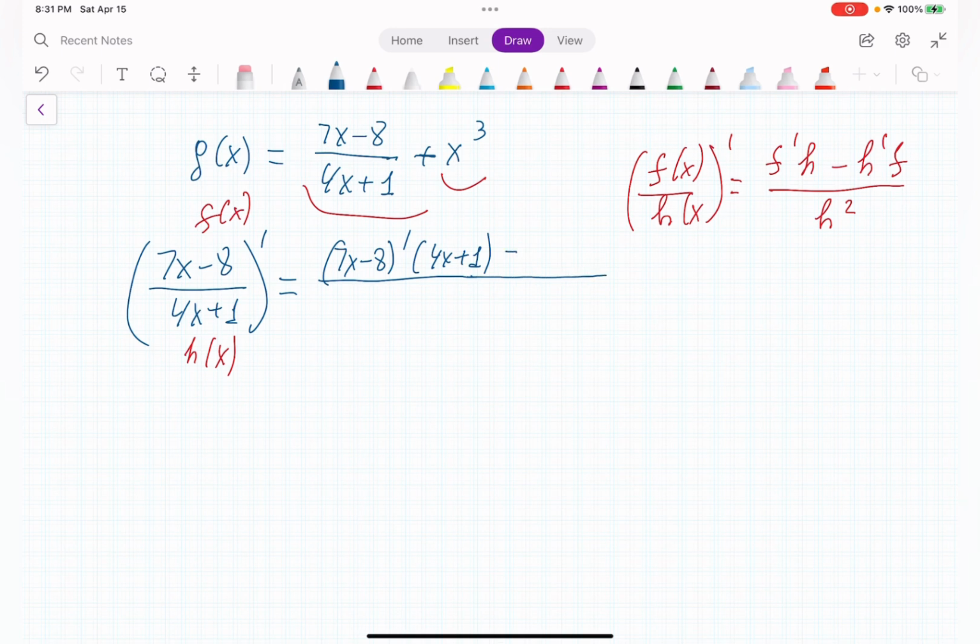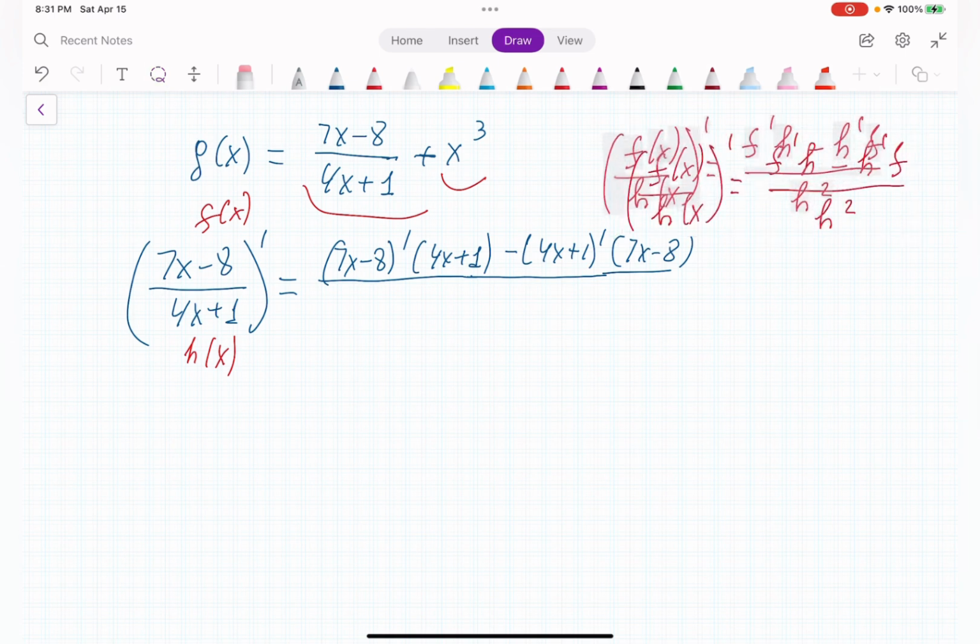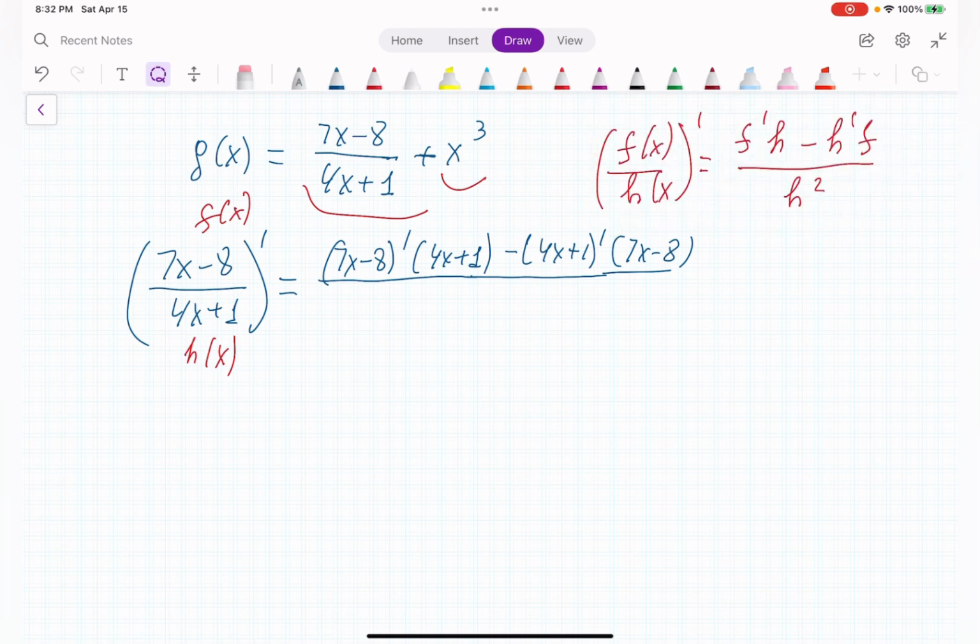Minus h prime, which is 4x plus 1 prime times 7x minus 8, and here we have h squared based on the formula, which is 4x plus 1 squared.